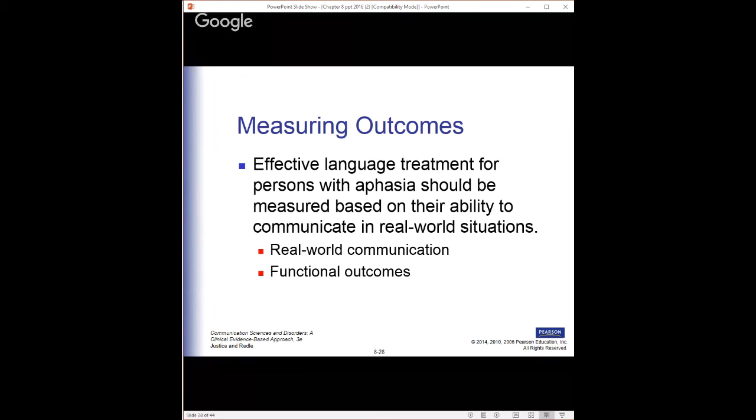So, as speech language pathologists, we need to consider how to measure these treatment outcomes to document these types of improvements. And the clinical office setting may not be the best for that. Functional outcomes or functional communication improvements are considered an essential part of the speech language pathologist's practice.